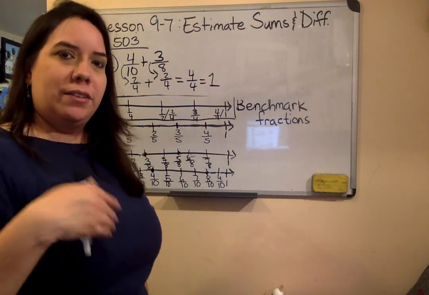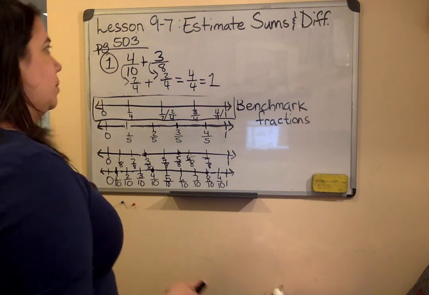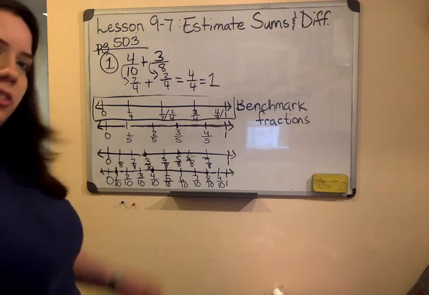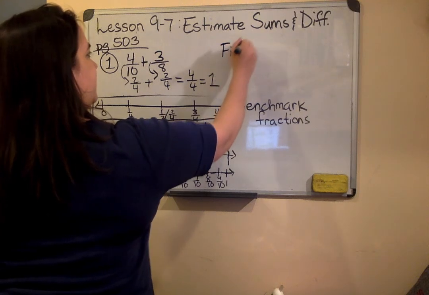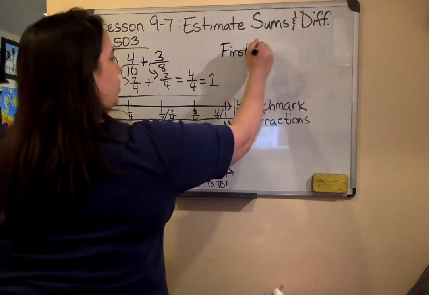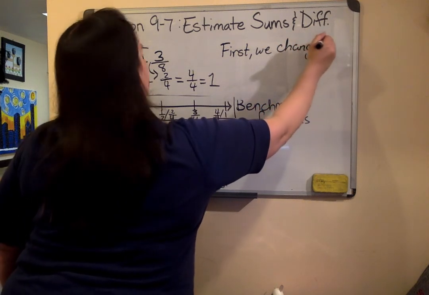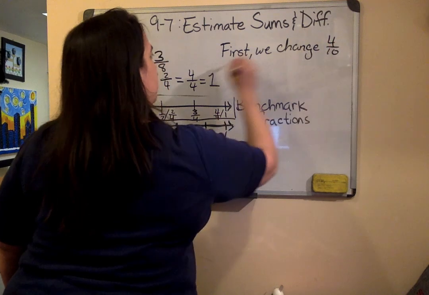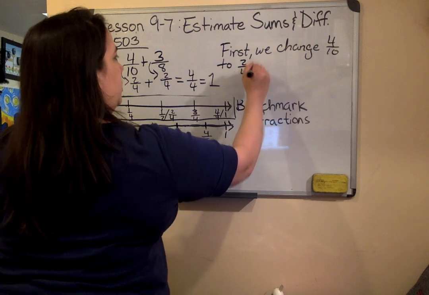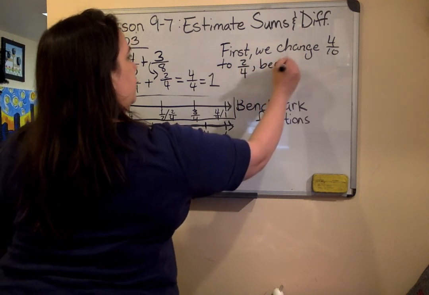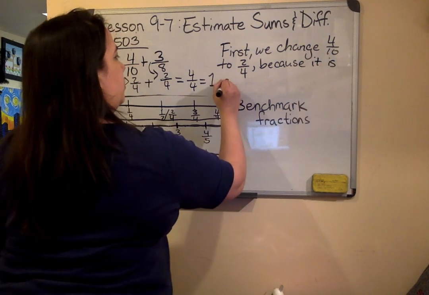And so we have to explain how we do this, right? So what we do is we write what Miss Sosa was just saying. First, we change 4/10 to 2/4 because it's close. Because it is close to 1/2.